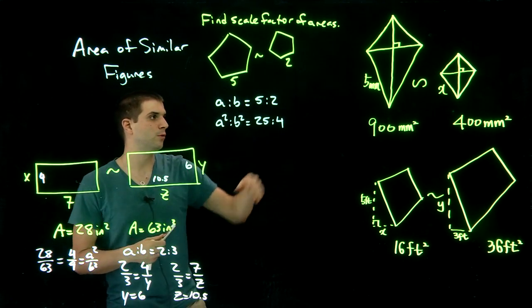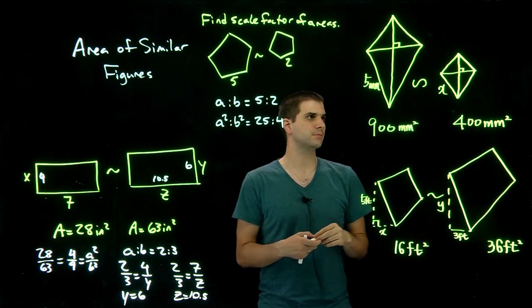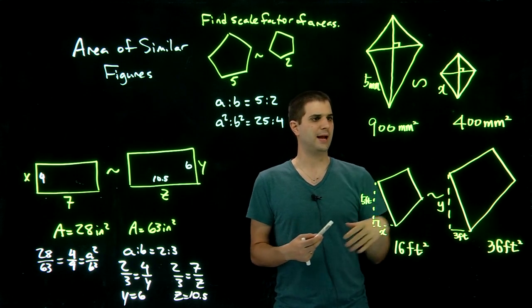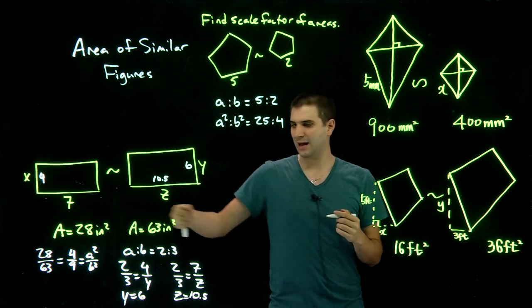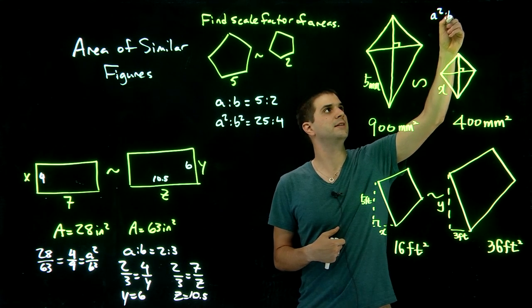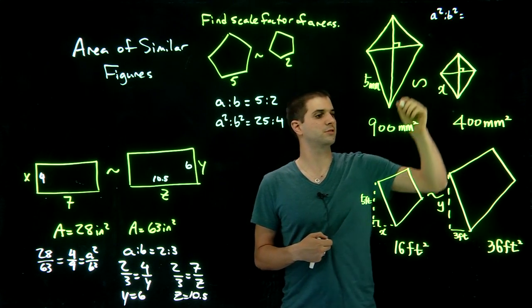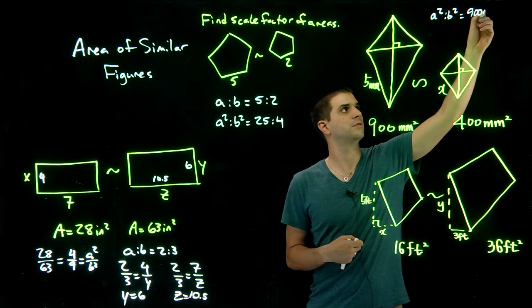Moving on over here, we have two kites. These kites are similar. Again, we're given the areas. Similar to down here, a squared to b squared equals 900 to 400.